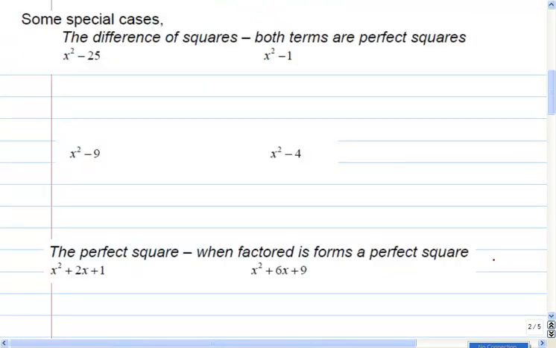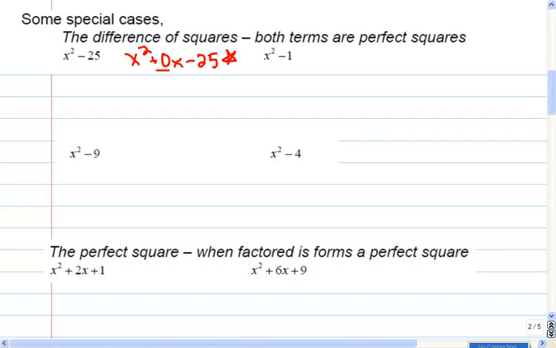So for the difference of squares, that's one again that we've done, like perfect squares, when we did the graphing for completing the square. But for the difference of squares, you can think of it as x squared with a 0x in there. This is kind of like what we're doing. We're playing the same game, except they have to add up to 0 now.